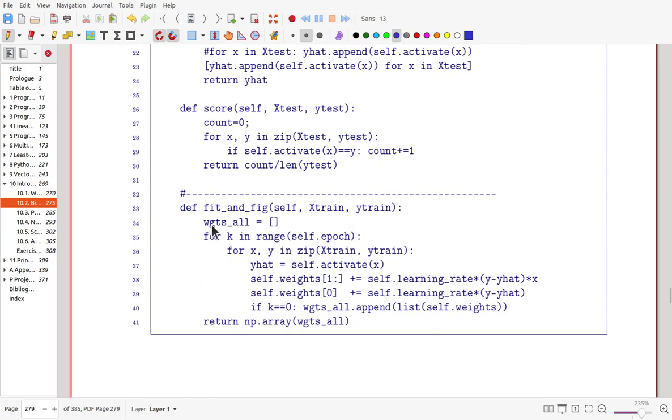Only this one is added, and then that line is added, and return. So in the main program, we want to see how the weights are changing and how the hyperplanes are changing to converge to a certain final hyperplane. Okay, so in reality, you don't have to implement this portion.